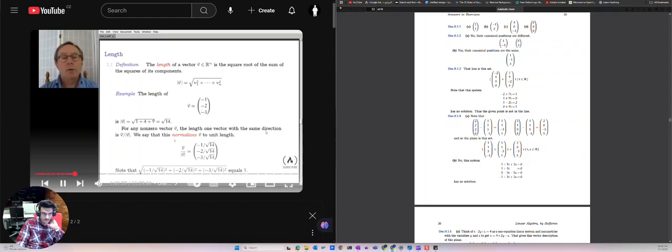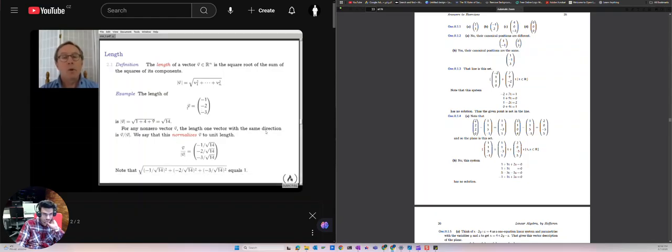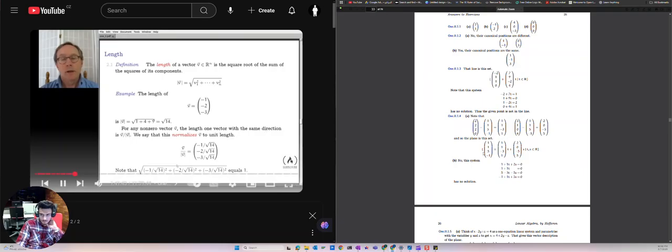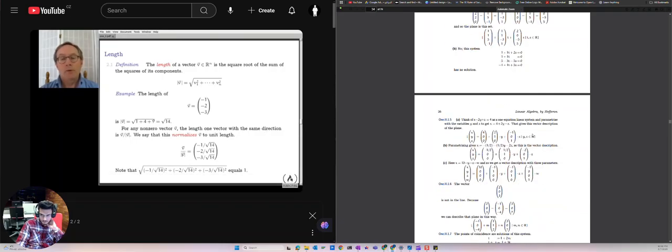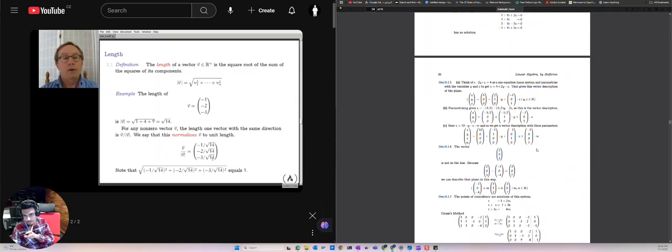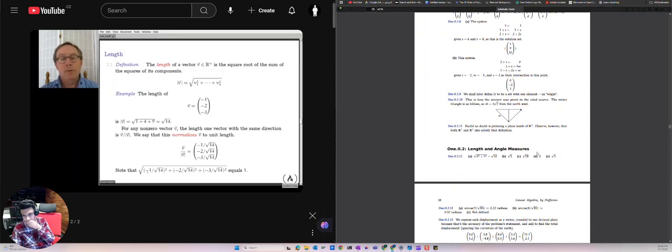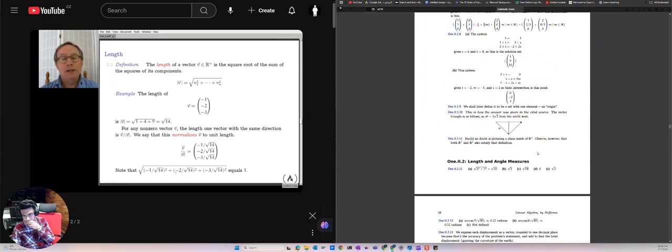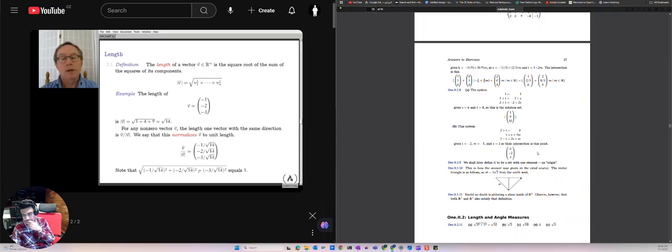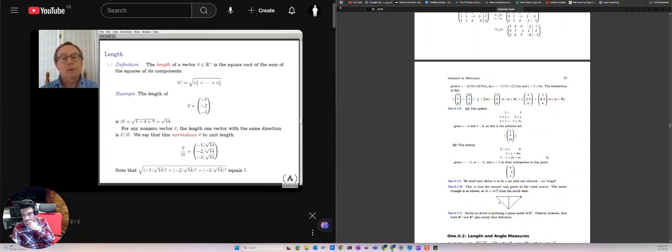In this case, I will multiply v by 1 over the square root of 14. See the length of v on the bottom of that fraction, and we end up with a square root of 14 on the bottom of each of those three fractions. And when you do the calculation, -1 over the square root of 14 quantity squared, -2 over the square root of 14 quantity squared, -3 over the square root of 14 quantity squared, and you add them all up and take the square root, you end up with 1, which is what I wanted.